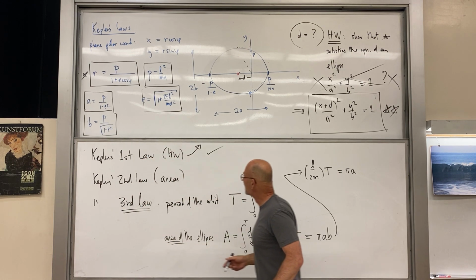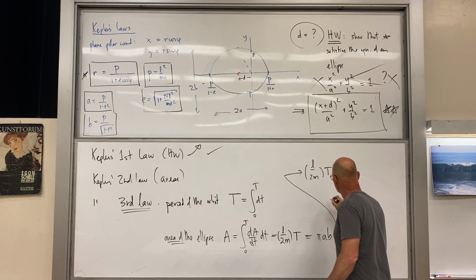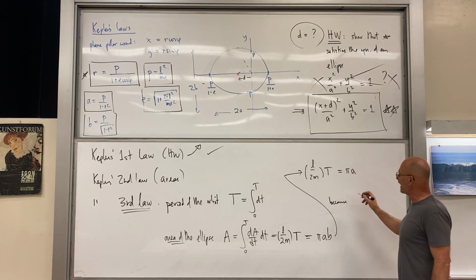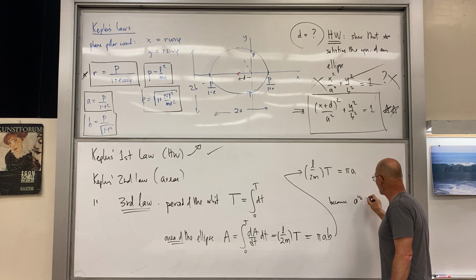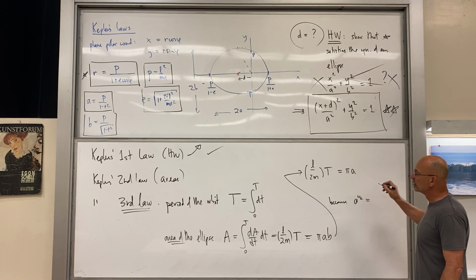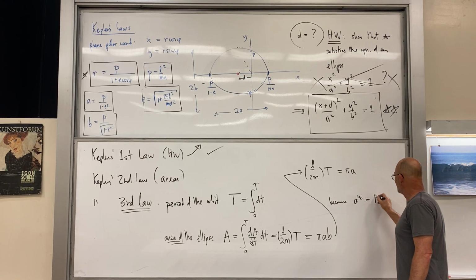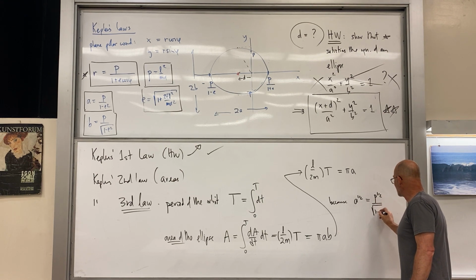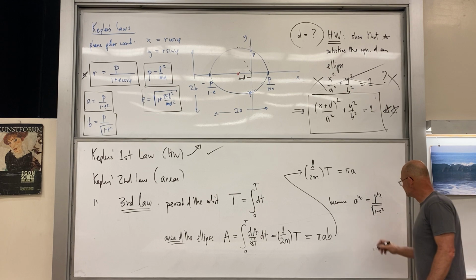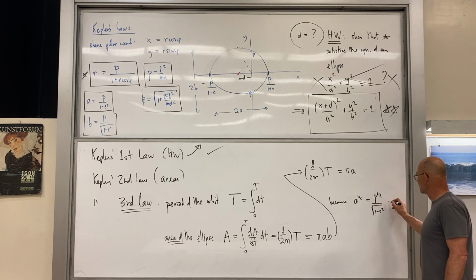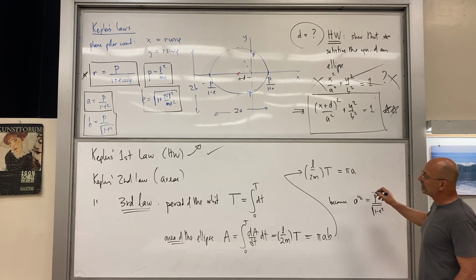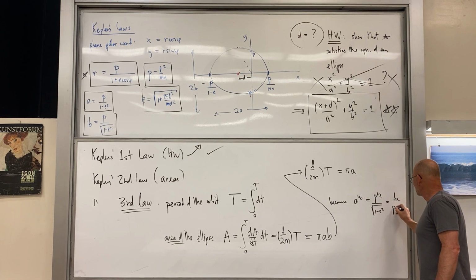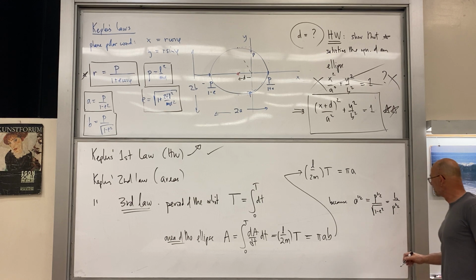If you take the square root of a, we have a to the 1/2 equal to p to the 1/2 square root of 1 minus e squared, which is b divided by e to the 1/2.